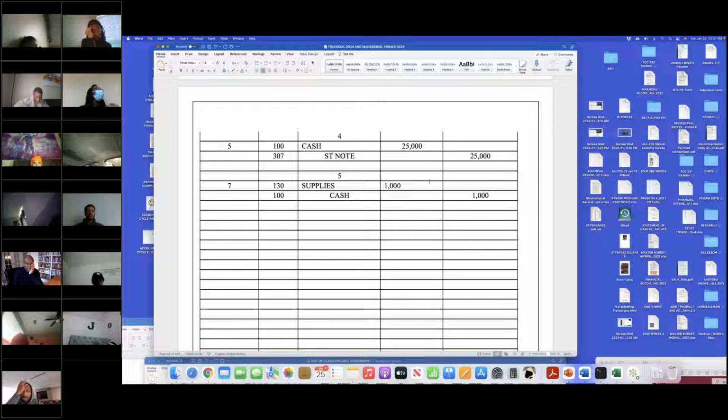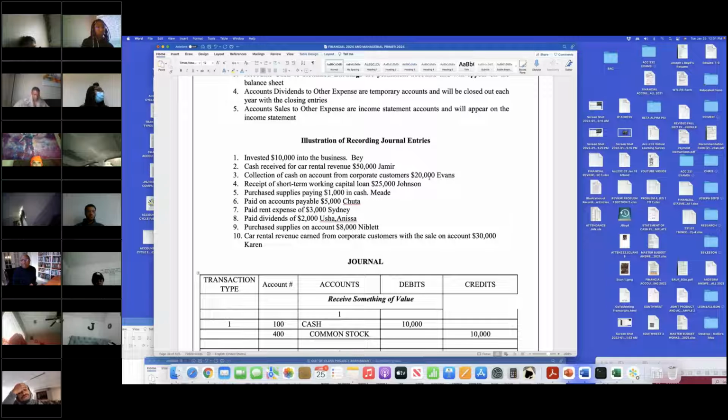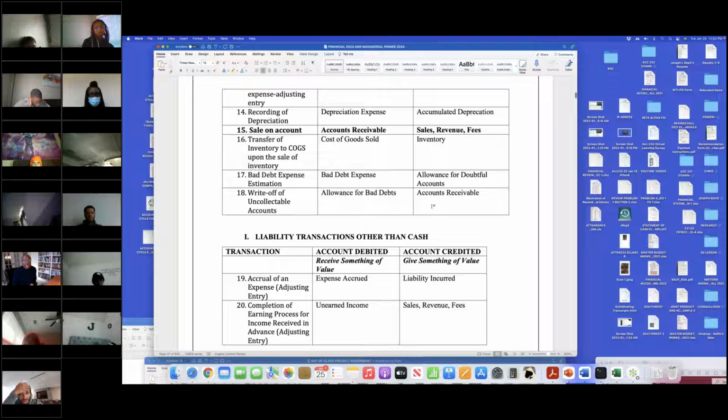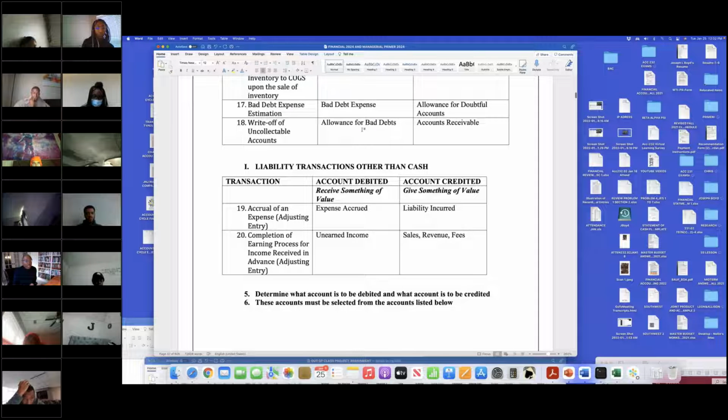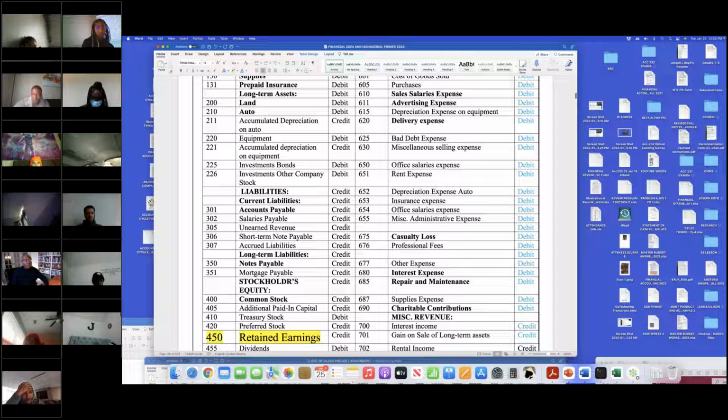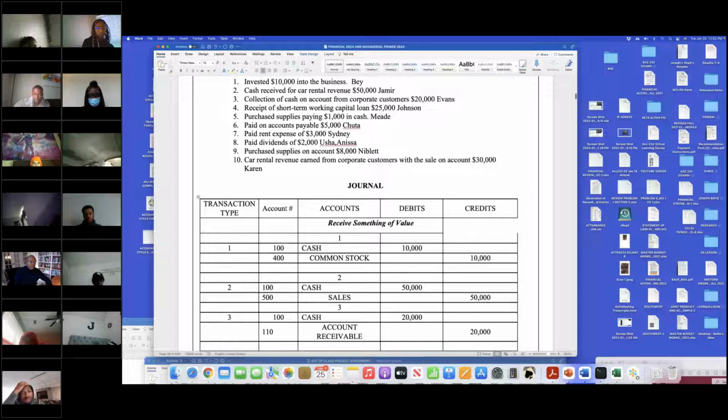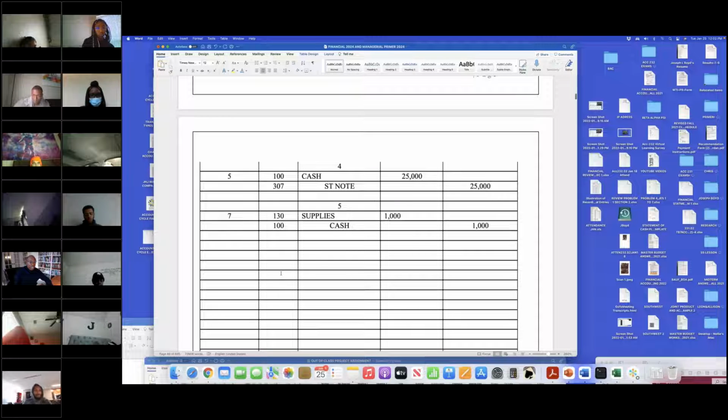Then we paid on accounts payable $5,000. What's our type? Type 8. Payment of a liability. So we're going to credit cash and we're going to debit the liability paid. Well, the liability paid was accounts payable. We're going to debit accounts payable.